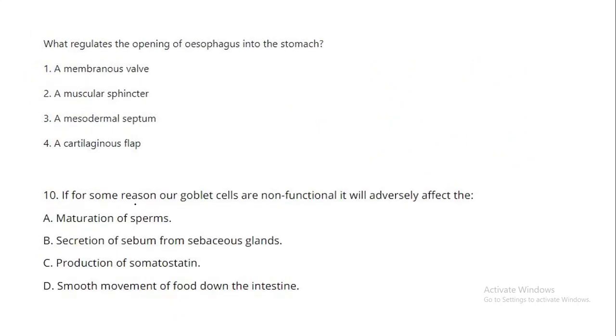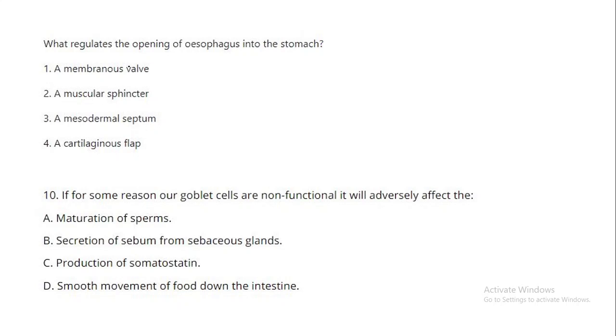Let's go ahead. What regulates the opening of the esophagus into the stomach? Think. I've told this point many times, that the food just does not drop down and fall into the stomach. It moves by peristalsis, and before entering the stomach there is an obstruction, and that is the sphincter.